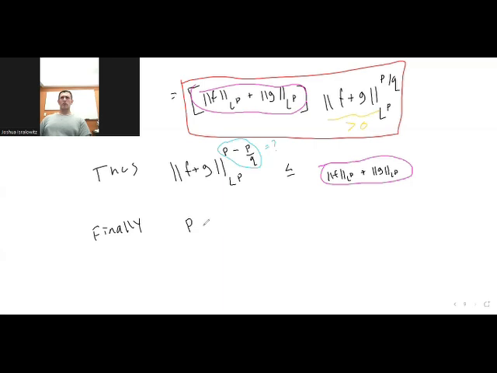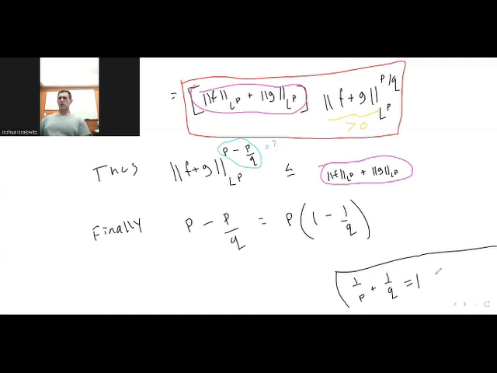Because what is this? P minus p over q is going to be p times 1 minus 1 over q. And remember, 1 over p plus 1 over q is 1, so 1 minus 1 over q is 1 over p.